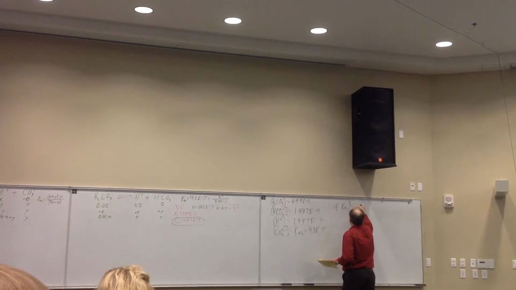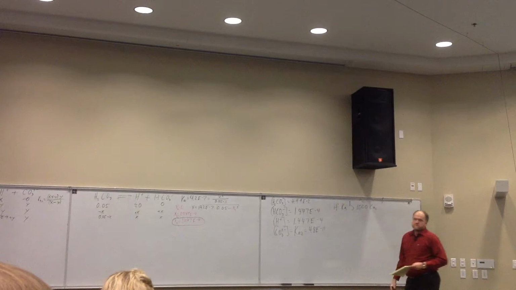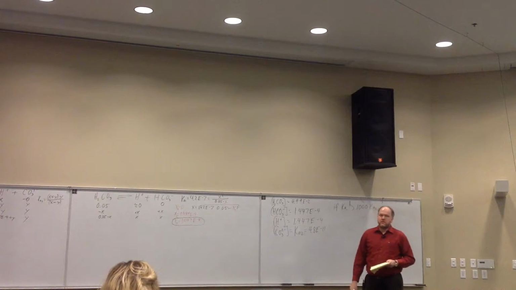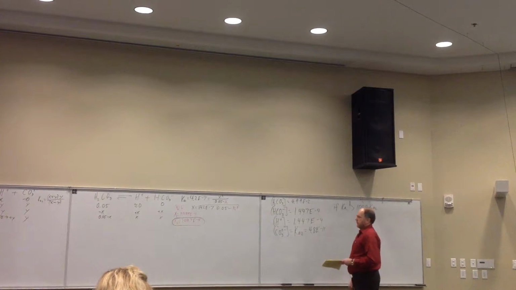Now, if Ka1 is greater than 1,000 times bigger than Ka2, we don't need to do the second ice table.